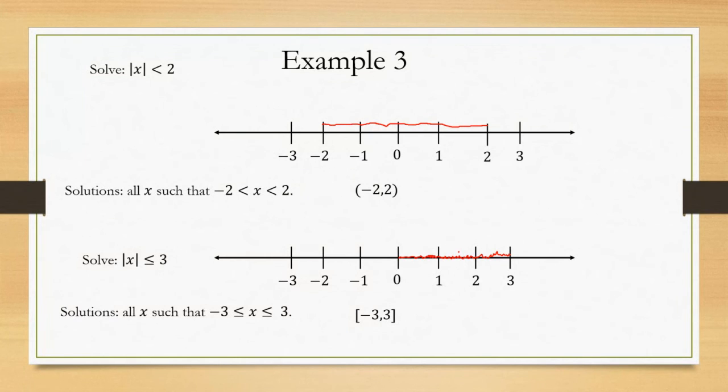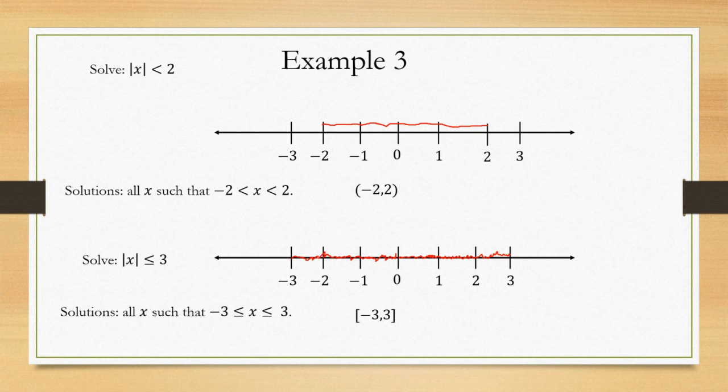Now, are those the only ones? Well, no. They're not the only ones, right? Because what can we do? Let's go the other direction. We're less than 3 units from 0, right? We want all numbers whose distance from 0 is less than 3. Boom, we stop. Right?